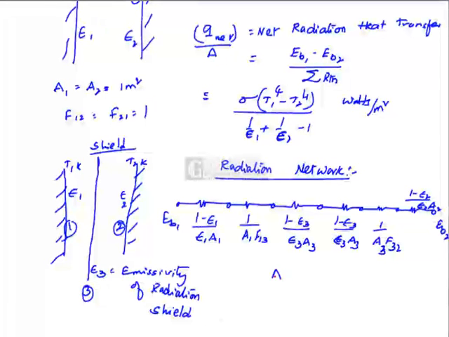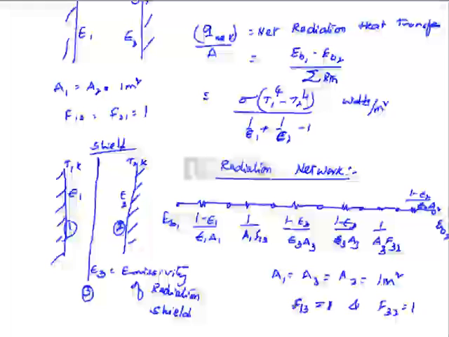Here, because they are very large surfaces, A1 is equal to A3 is equal to A2 is equal to 1 meter square, and also F13 is equal to 1 and F32 is also equal to 1. Because they are very large parallel surfaces, all the shape factors with respect to each other become unity.